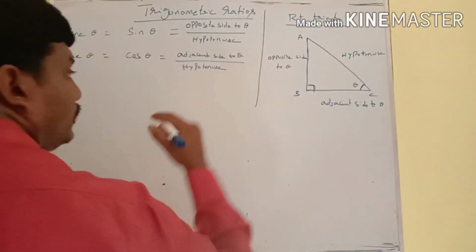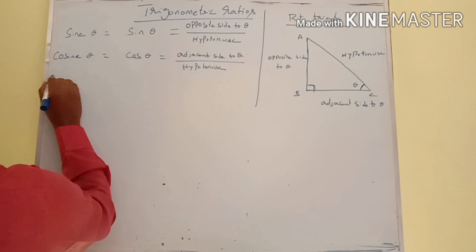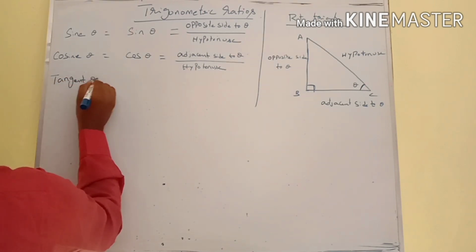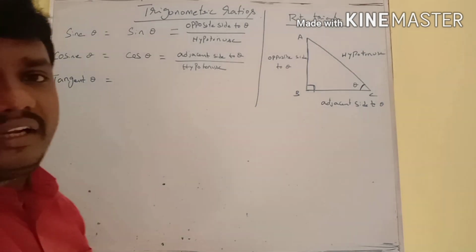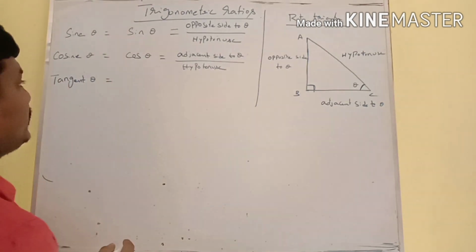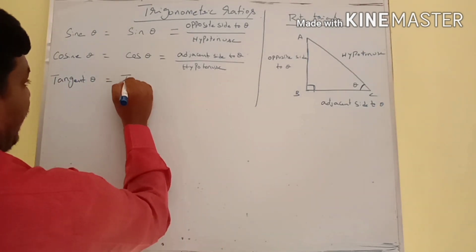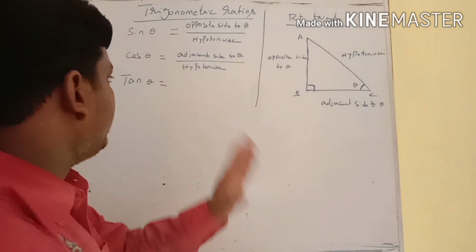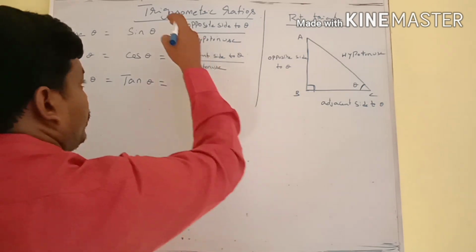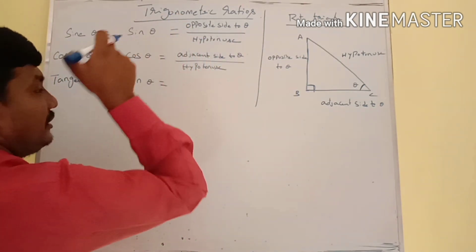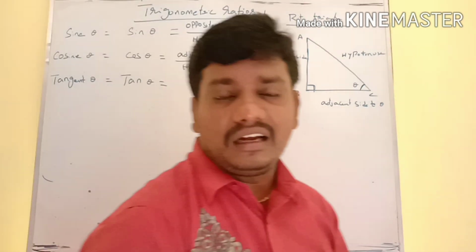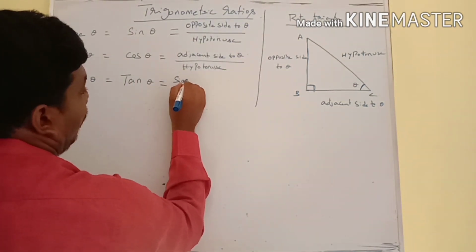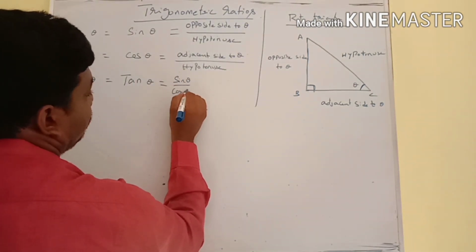Another trigonometric ratio is tangent theta, abbreviated as tan. Tan theta is equal to the ratio of sin theta and cos theta, that is sin theta by cos theta.